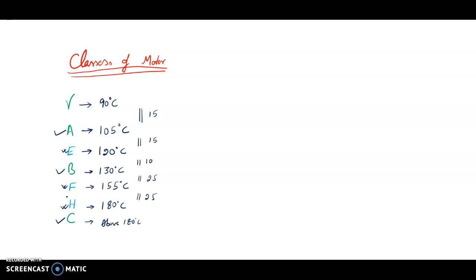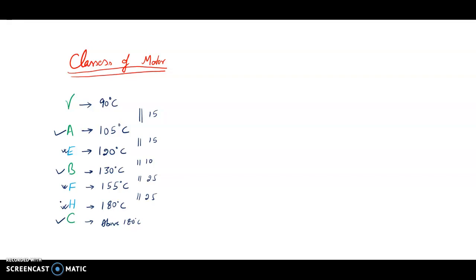How we are using the motor, what current we are giving the motor, and how much time we are running the motor doesn't cause any problem as long as the temperature inside the machine does not exceed the rated value. If it exceeds the rated value, it is a problem.